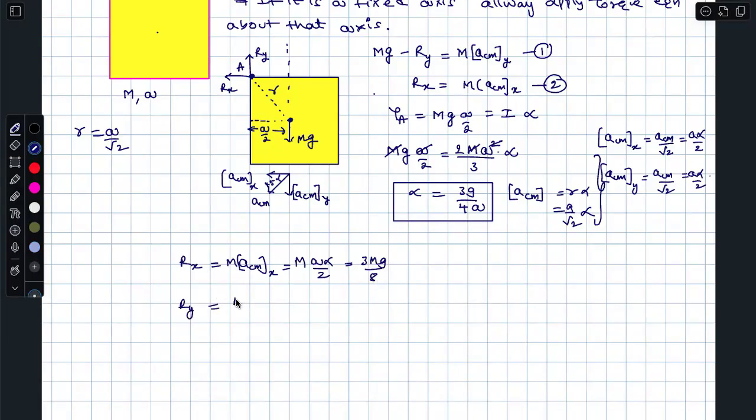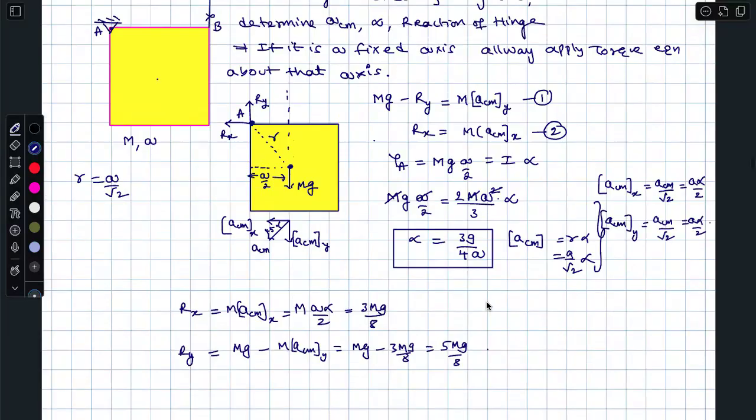Ry is mg minus m ACMY. Practically ACMX is the same as ACMY, so this is mg minus 3mg by 8, which becomes 5mg by 8. That's all. Root of Rx square plus Ry square gives you the resultant.